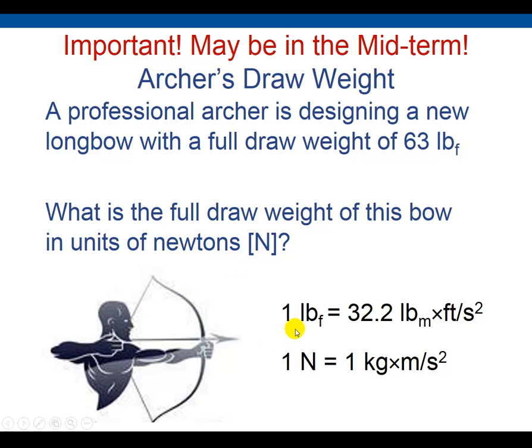Here you can see 1 pound force is 32.2 pounds mass times feet divided by second square. 1 newton is 1 kilogram times m divided by second square. So what we need to do is convert this pound mass and feet to kilogram and meter respectively.